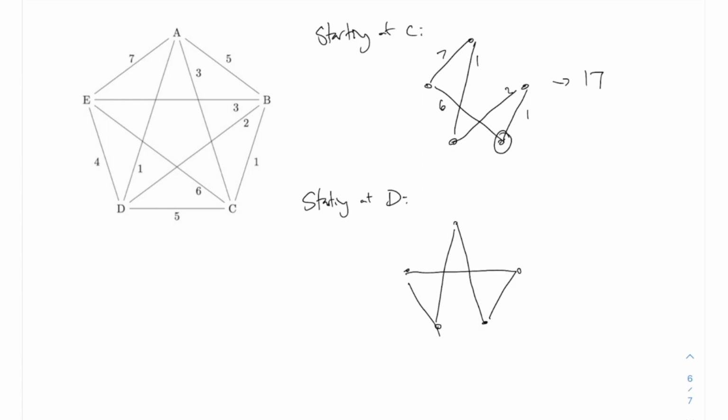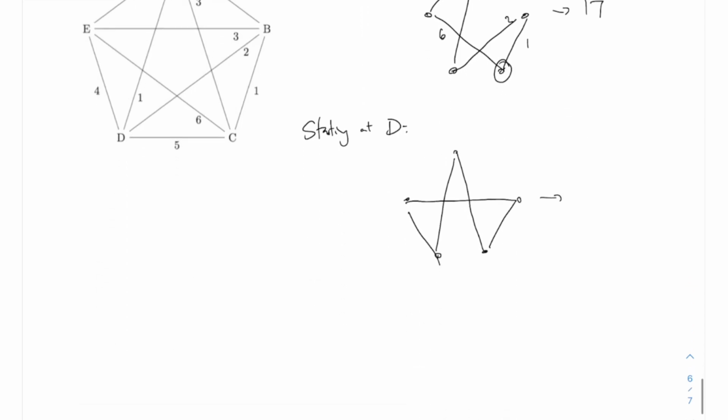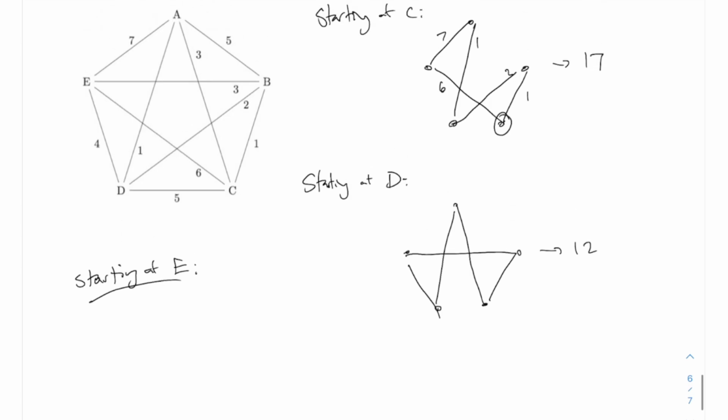This is what you get starting at D, which is the same as that one starting at B. This is 12. And then finally, I'll squeeze it in over here. Starting at E, it's going to be that same 12 again, it sounds like. I go the 3 first here, then the 1. Yeah, you're going to end up getting this same one again. This is the 12. All right?